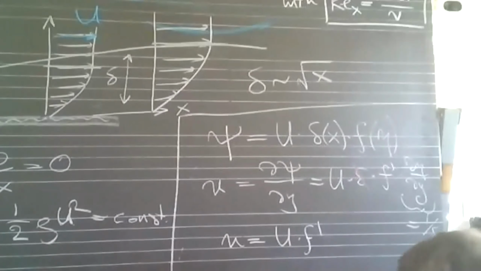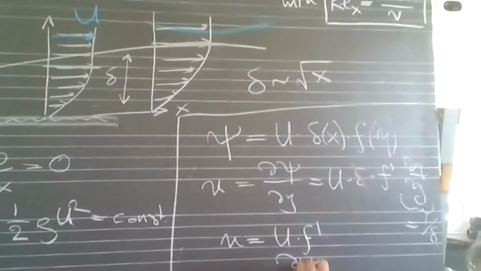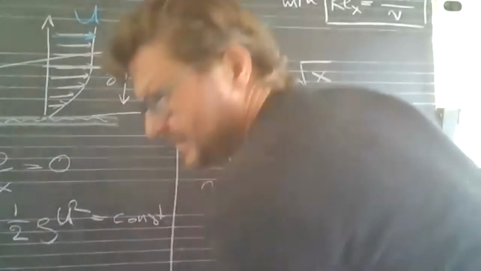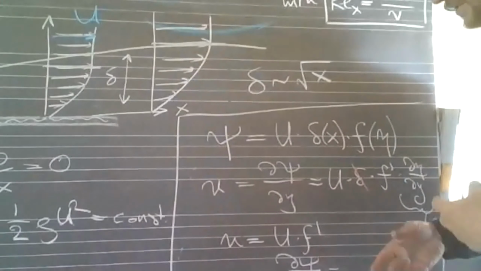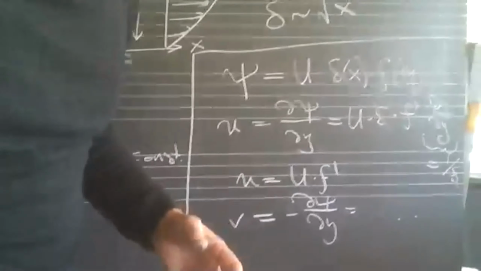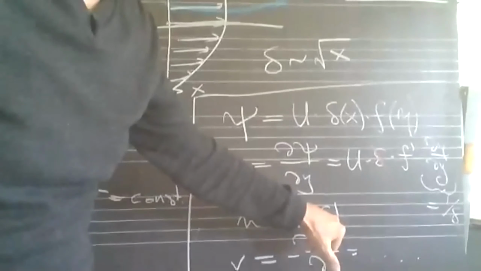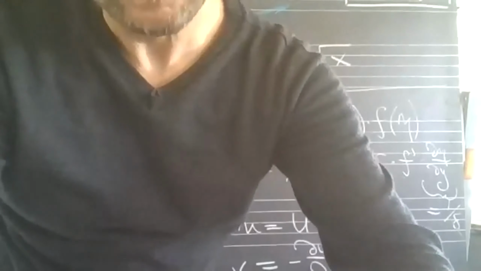And you can do the same for v, where v is minus d psi dx. And I'm not going to do this, but you can also find an expression for v. So based on his ansatz, he was now able to write down expressions for u and for v in terms of the unknown f.